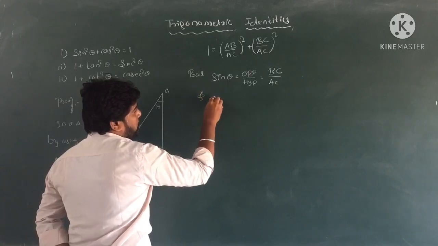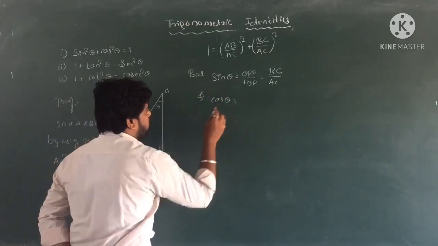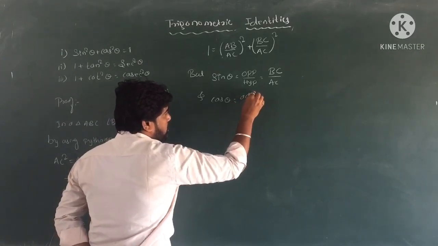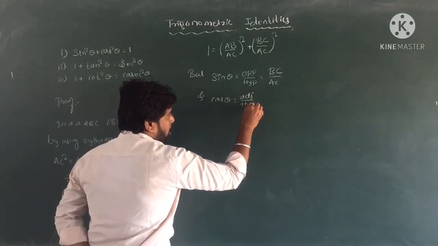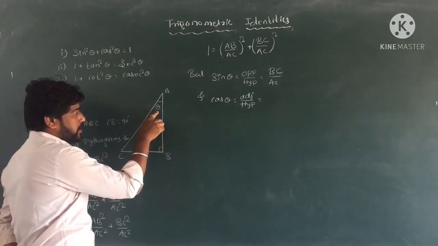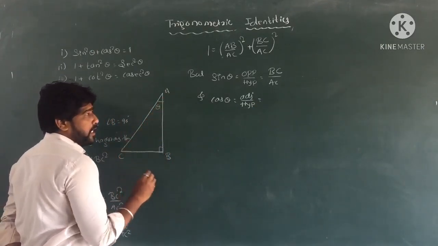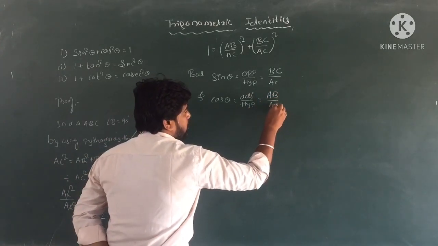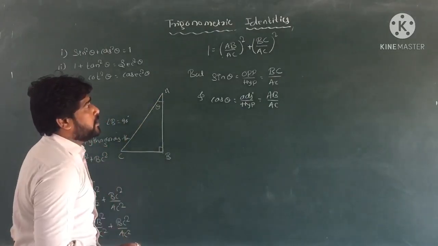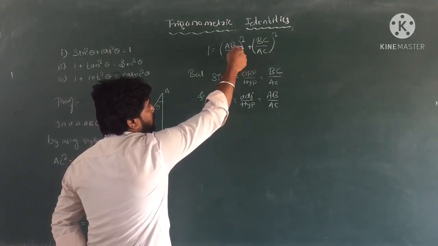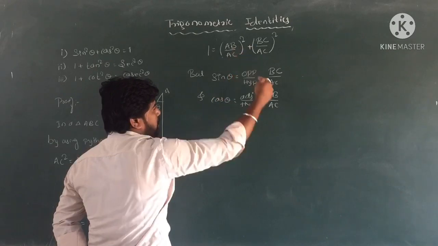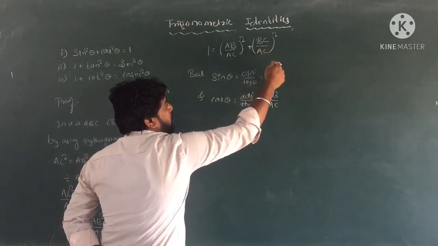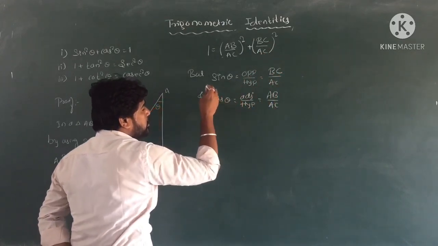And cos theta is equal to adjacent divided by hypotenuse. When we consider theta here, the adjacent is AB, so AB divided by hypotenuse AC. So in this equation AB divided by AC means cos theta, and BC by AC means sin theta.